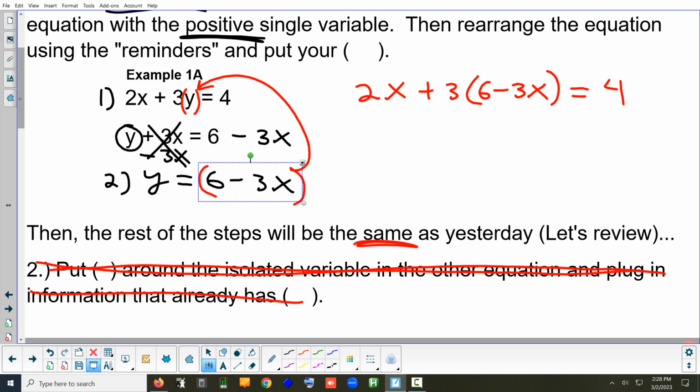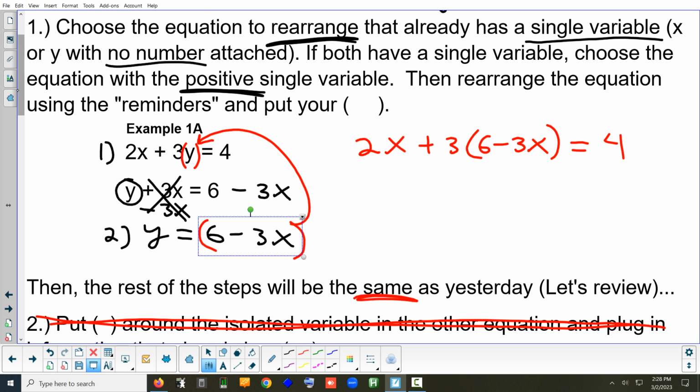Okay, what property do I have to use to get rid of this 3 in front of the parentheses? Just kind of simplify it. Yep. I've got to distribute it. And what's 3 times 6? 18. And what about 3 times negative 3x? Negative 9x.